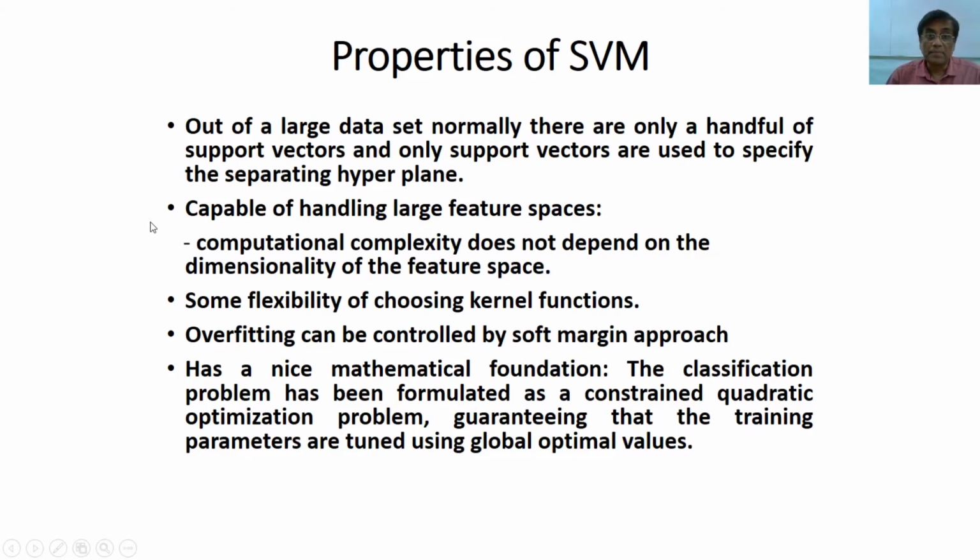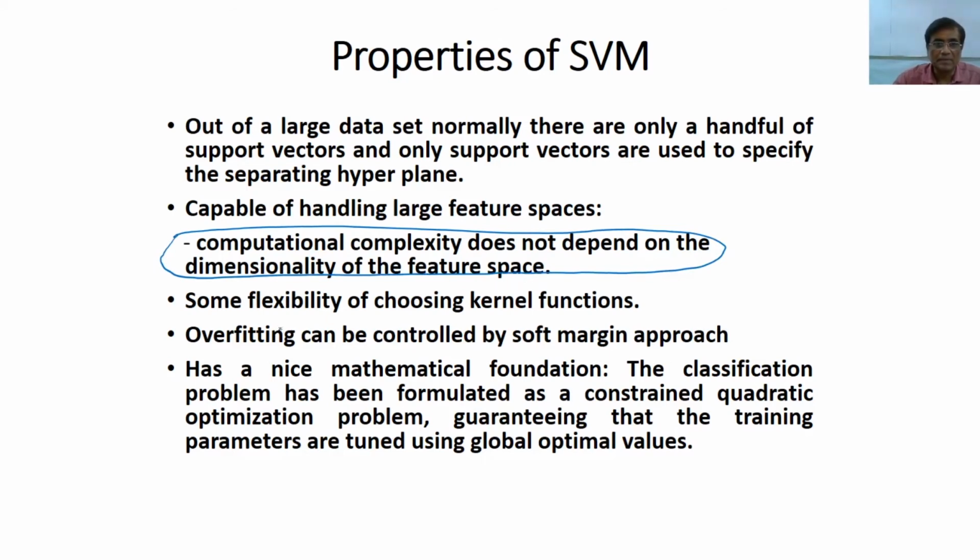It is also capable of handling a large feature space. However, computational complexity does not depend on the dimensionality of the feature space. That is the most interesting, most beautiful thing, right? That computational complexity does not depend on the feature space dimensionality. That is all about the kernel trick.